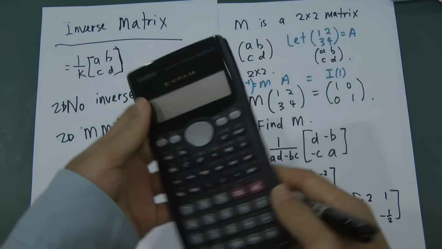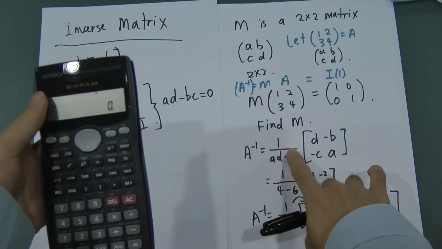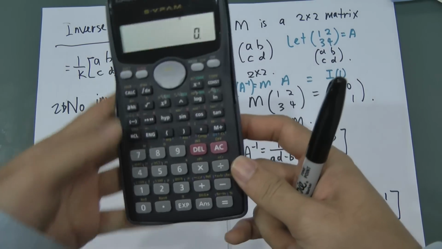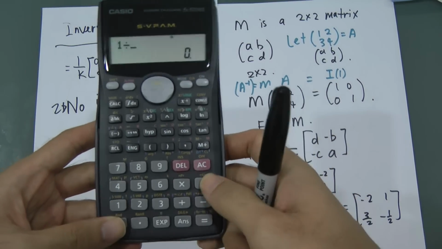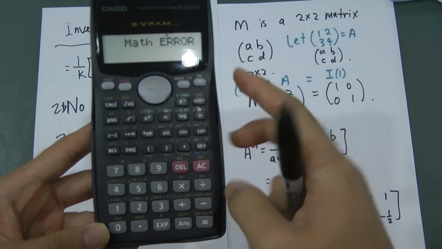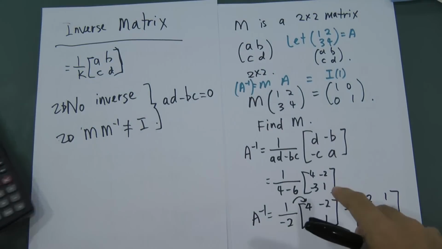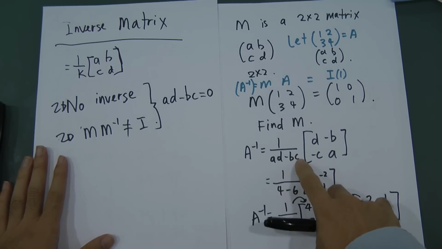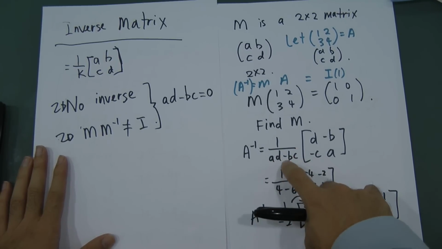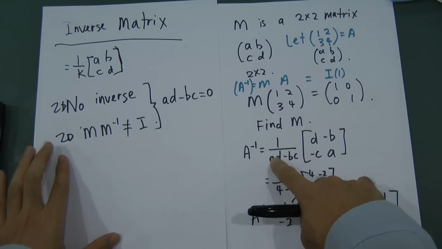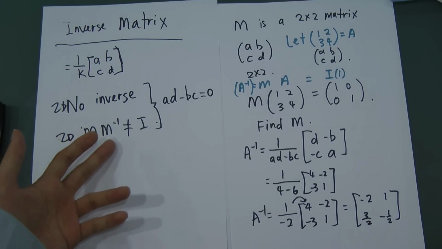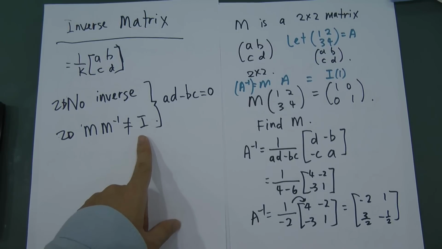Let me prove it using a calculator. If this is 1 over 0, you will get what? You will get a math error. You see, 1 divided by 0, you will get a math error. So that means if you want to get the inverse matrix, AD minus BC cannot be 0. If this one is 0, that means there's no inverse matrix, or M multiplied by M inverse is not equal to I.